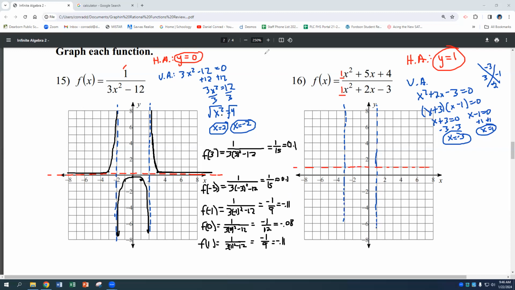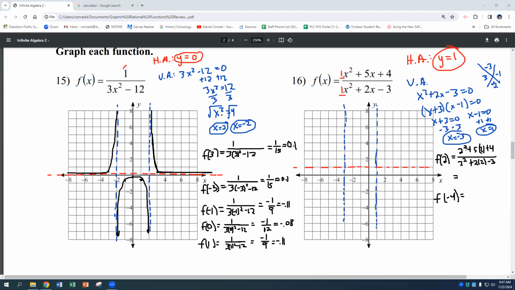Okay, now we just got to pick points. So I'm going to pick one to the right of this vertical asymptote, which is 2. So I'm going to find f of 2. And I'm also going to find one to the left, which is -4. So I'm also going to find f of -4. So this is 2 squared plus 5 times 2 plus 4 over 2 squared plus 2 times 2 minus 3.